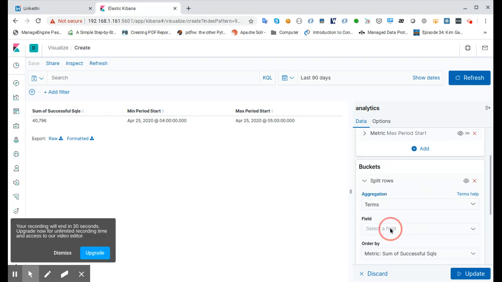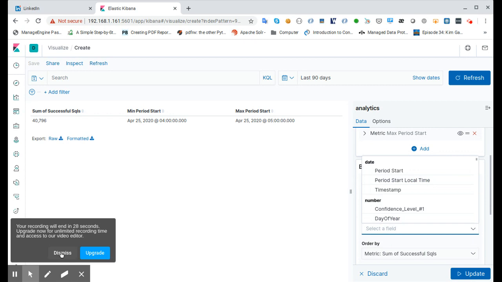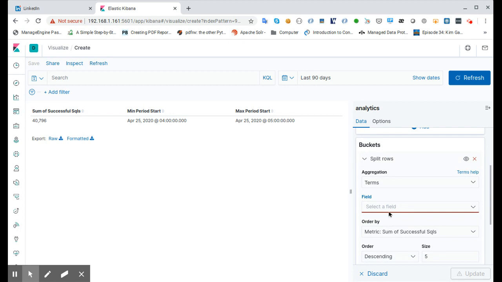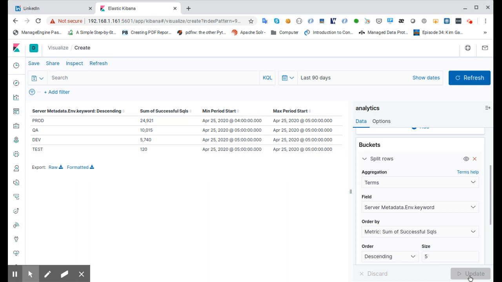And here it's actually the environment of the server we are interested in. Okay, so now we'll put CF5 probably. We don't have that many, and we see that the servers belong to different environments: prod, QA, dev, and test, right?